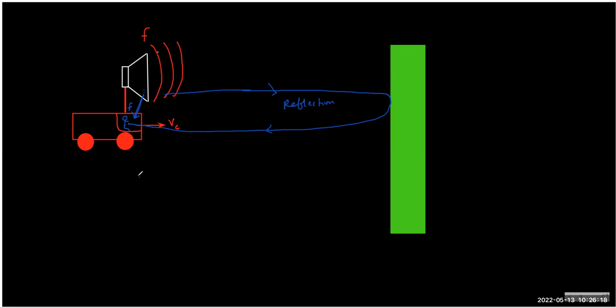So we are supposed to find what is the beat frequency. So driver will actually hear two frequencies, one directly and another after reflection.